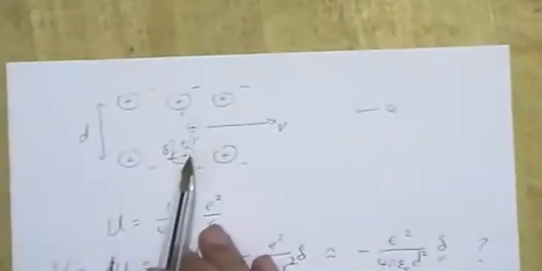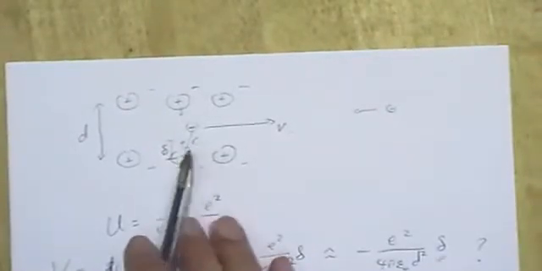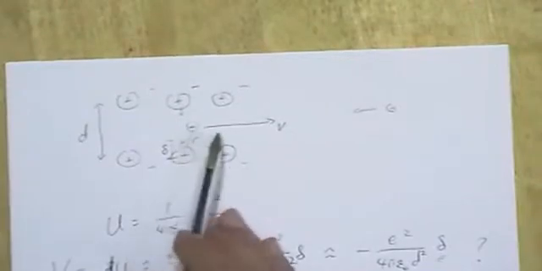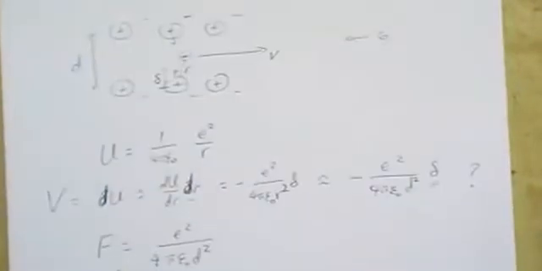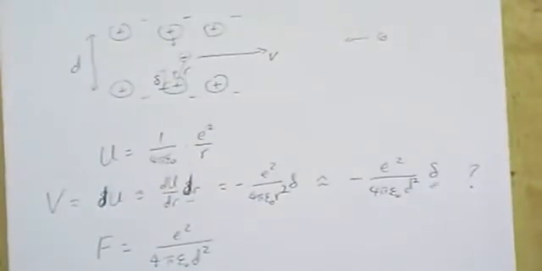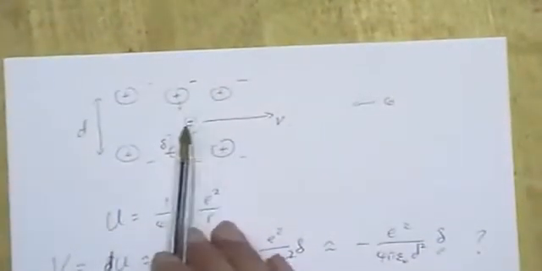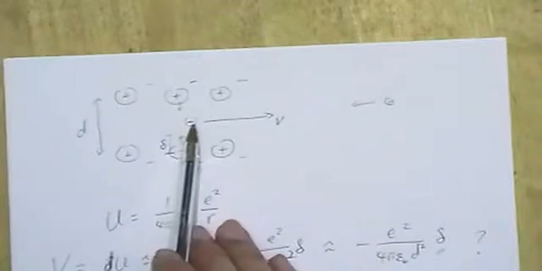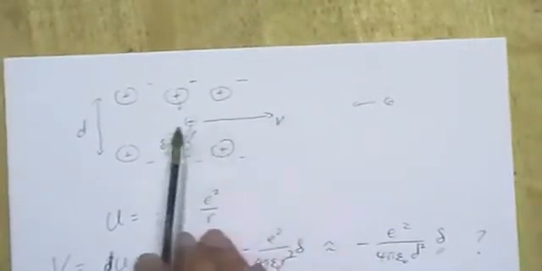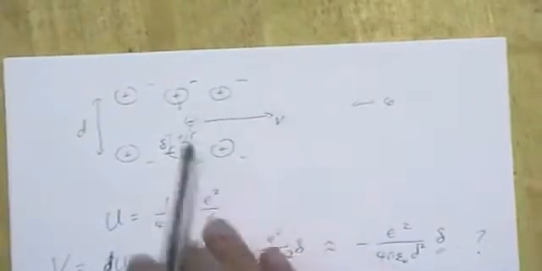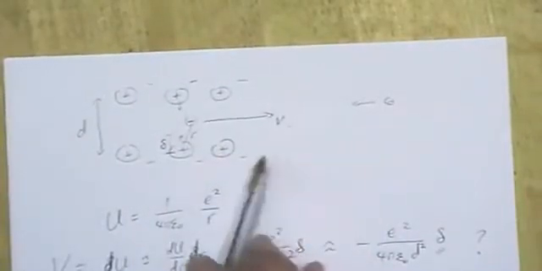Now, if we know the force, we have an estimate of the force. We can also have an estimate of the time that this force would act for. Because as I said, when this electron gets further away, its attraction will be screened out by other electrons.